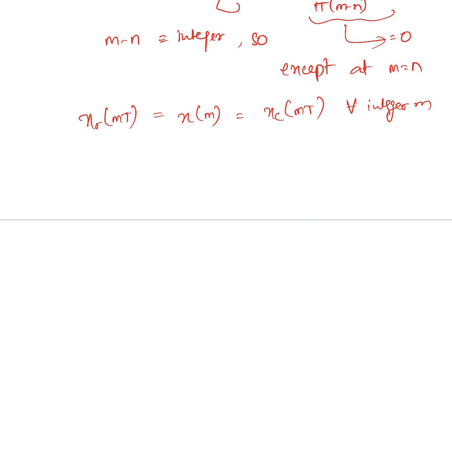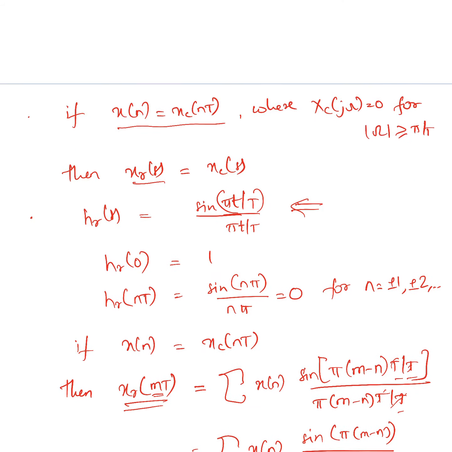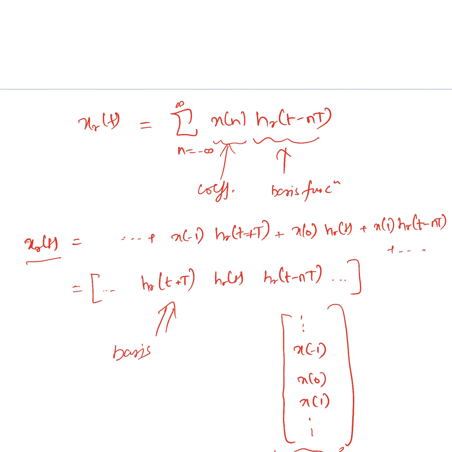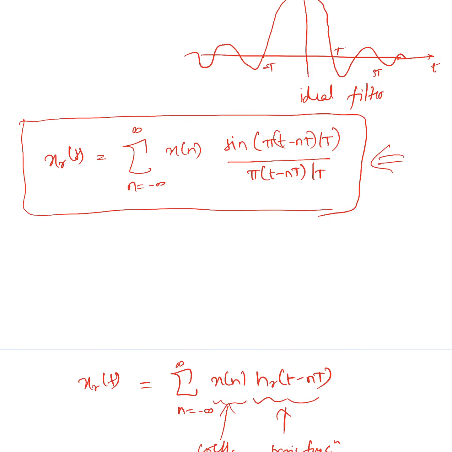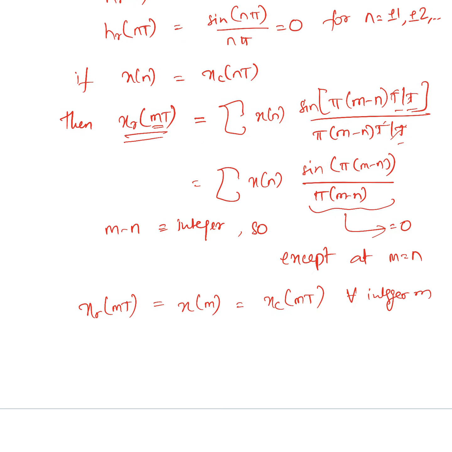So if we see this in the frequency domain, if I take the Fourier transform of this equation, you will get that X_r of j omega would be equal to the summation over n from minus infinity to infinity of x[n] H_r of j omega e to the power minus j omega nT.